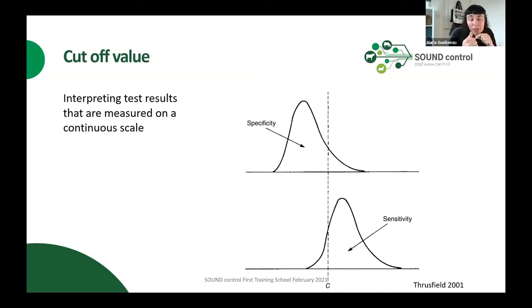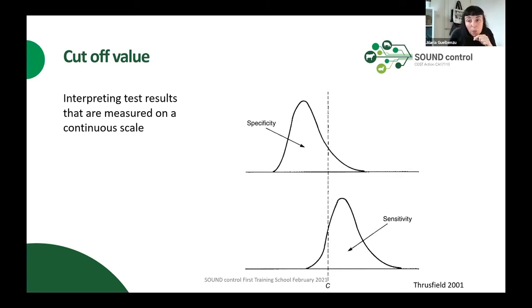So we have, for example, an ELISA result or even PCR results. So what we will have is that we will need to decide on a cutoff point, because we will have results on an ordinal scale, and we'll have to decide where do we put that cutoff point.